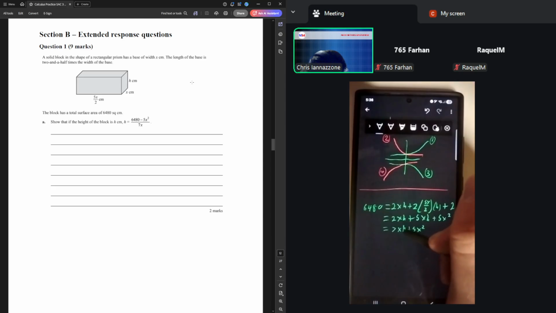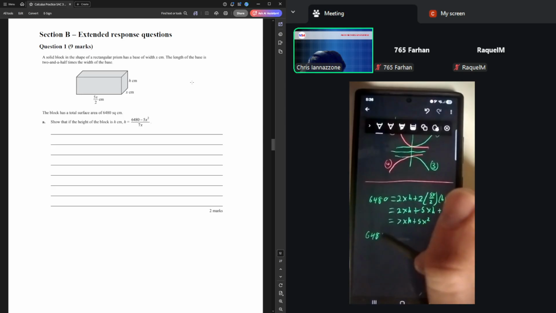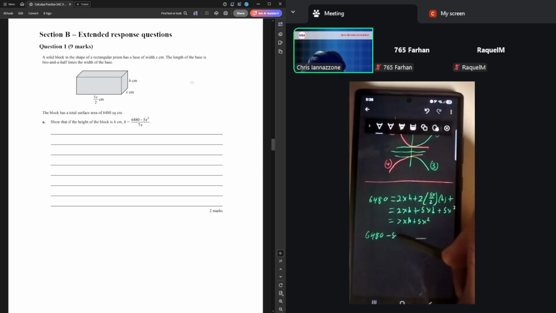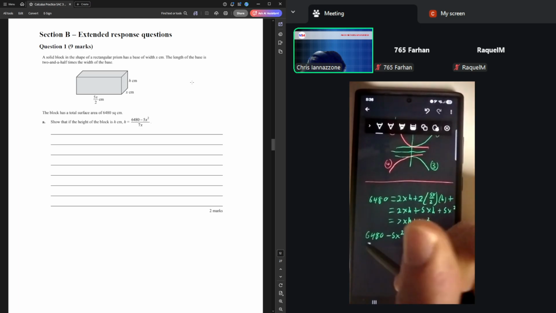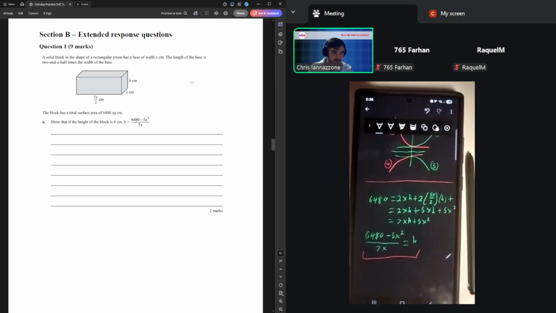And getting the h on its own is now pretty easy. So 6480 minus the 5x squared and then dividing by the remaining 7x. Double checking, h equals 6480 minus 5x squared over 7x. And that's it. That's enough.